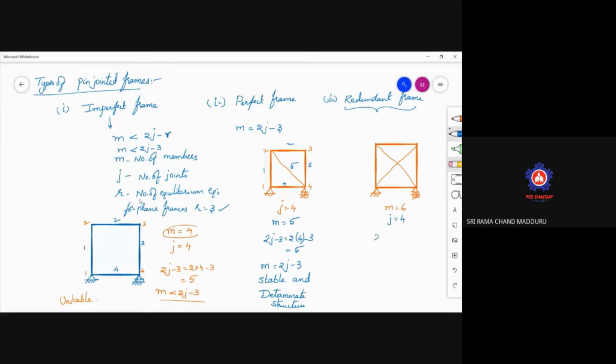So here 2j minus 3 is 2 into 4 minus 3, which is 5. Here m is greater than 2j minus 3. So the structure is stable and it is an indeterminate structure.